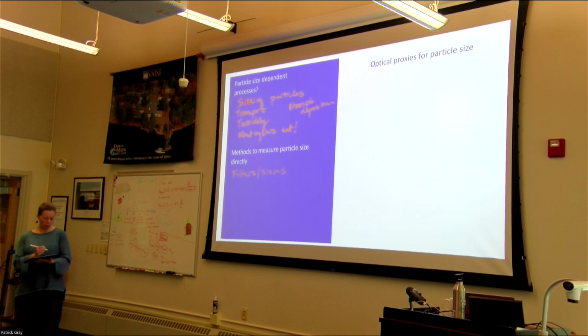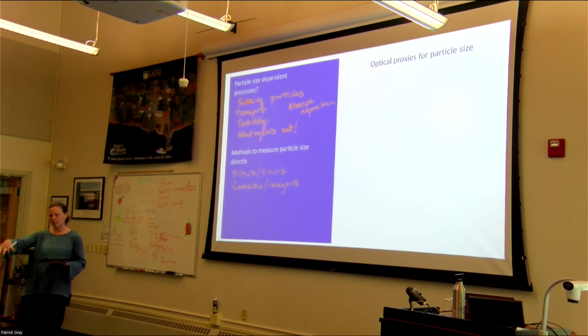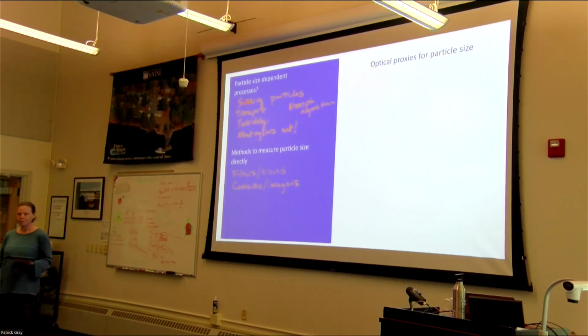We might also use cameras or imaging sensors for larger particle sizes to look at their projected areas and then determine their size that way. Other ones you're aware of? Microscopes, yeah. Okay, so there are some ways that we can validate our particle size measurements.